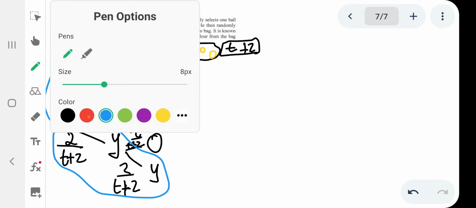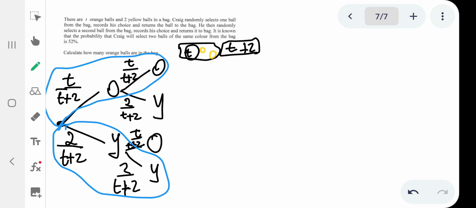So we write, the probability of getting an orange and an orange is t over t plus 2 times t over t plus 2, right? And that is the probability of getting an orange and an orange, which is the same color.